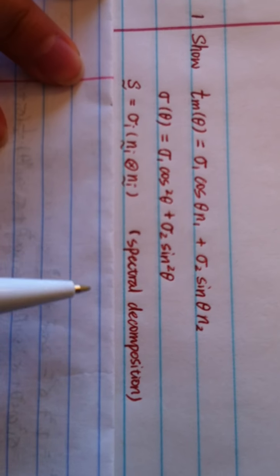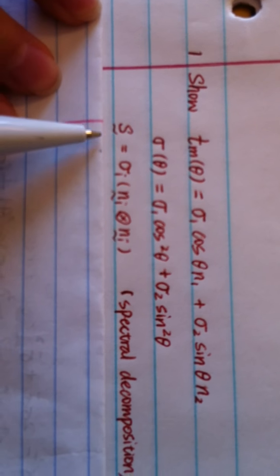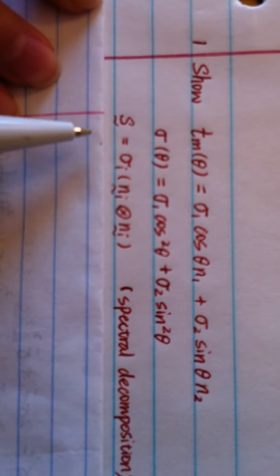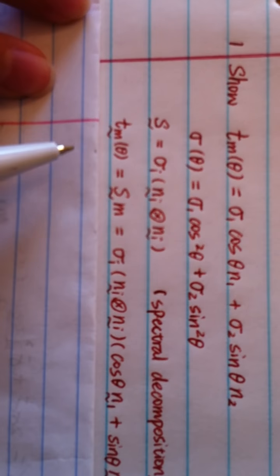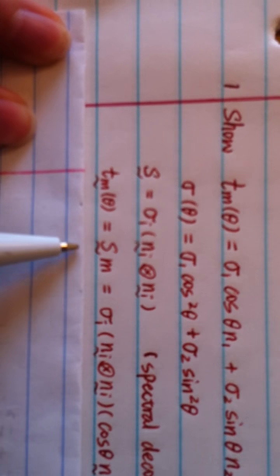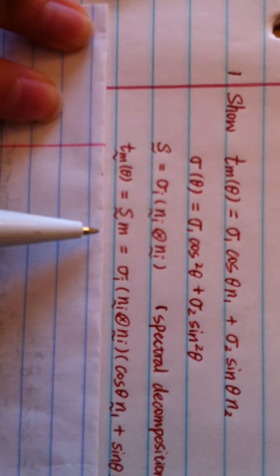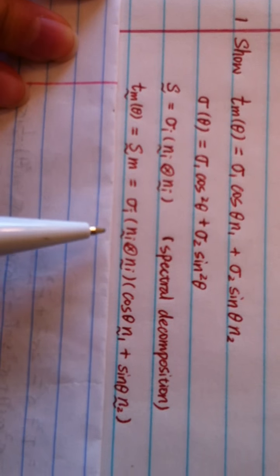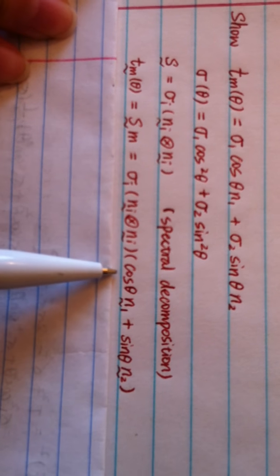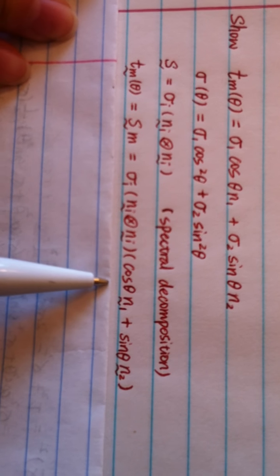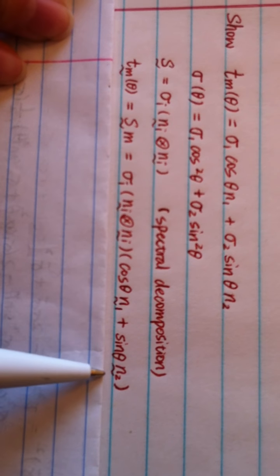Using the spectral decomposition, we have the tensor S equals sum of sigma i ni tensor ni. The traction vector equals S operating on M. We have sigma i ni tensor ni operating on cosine theta n1 plus sine theta n2.